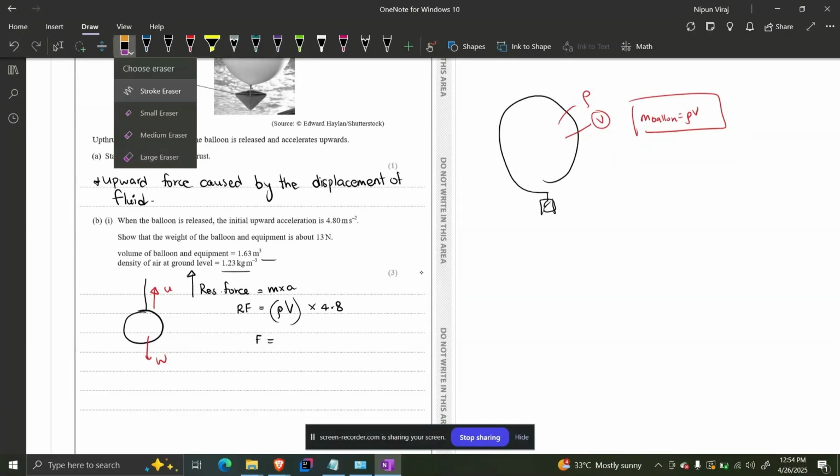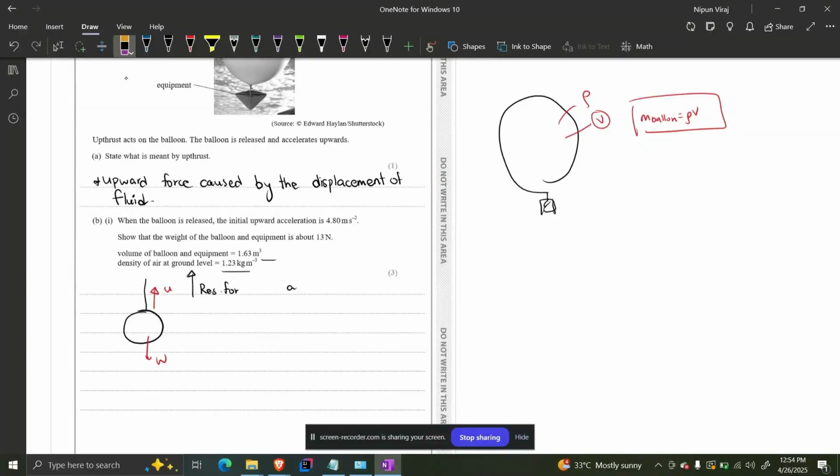What we can do is, first of all, calculate the upthrust. Upthrust is equal to V rho g. So 1.63 into 1.23 into 9.81. What will be the value of upthrust? It will be 19.67 newtons.